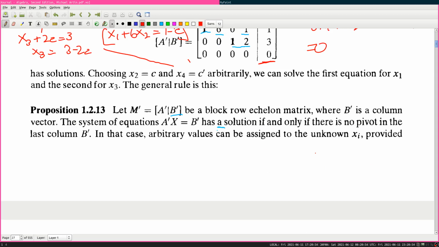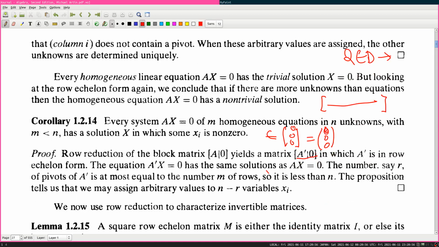Right, proposition 1.2.13. Then you have n minus r, so if r is the number of pivots, then the number of columns minus the number of pivots, that's how many degrees of freedom you have left. That means you may assign arbitrary values so that you have that many degrees of freedom. And then once you have fulfilled all of those degrees of freedom, no more degrees of freedom left. Okay, yeah.